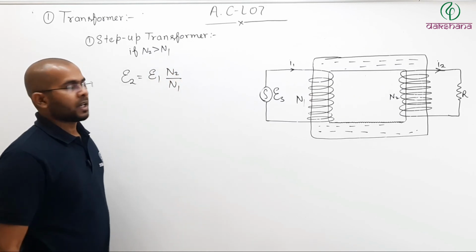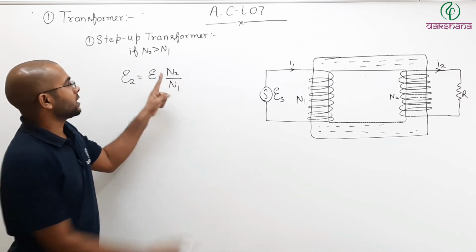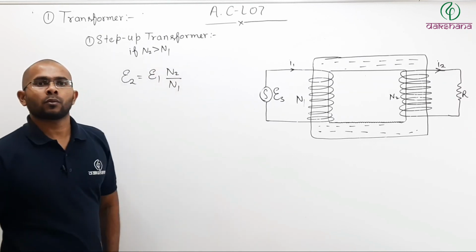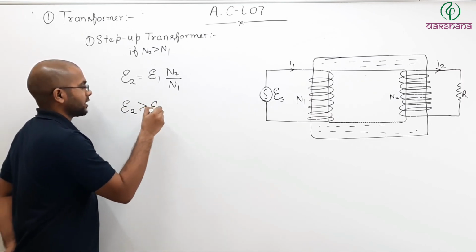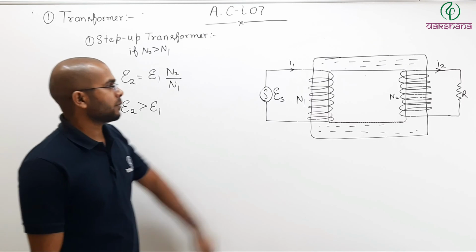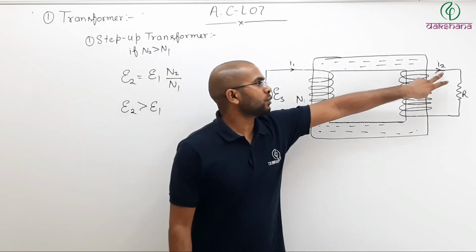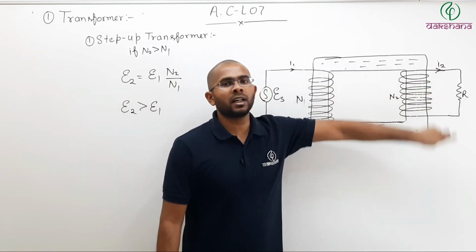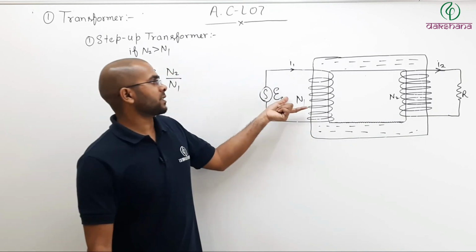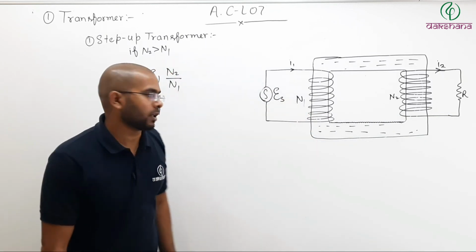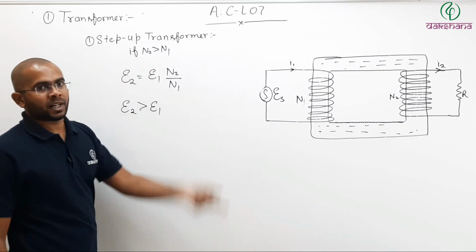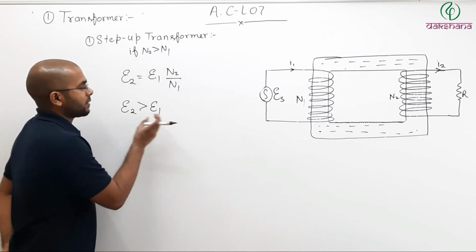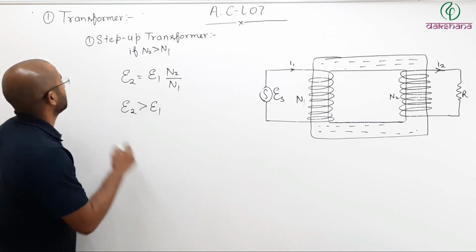Since N2 is greater than N1, this value is greater than 1. So you can say E2 will be greater than E1, meaning the EMF induced across the secondary coil will be greater than the EMF supplied across the primary coil. This is called a step up transformer, meaning your secondary EMF is greater than the primary EMF.